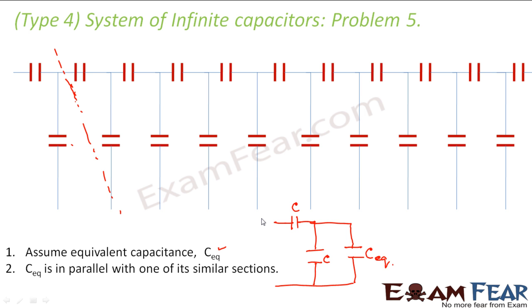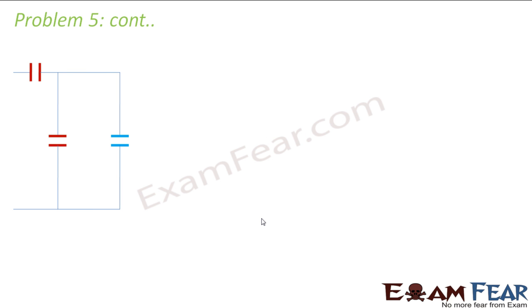So we get this circuit, and now do you think that you will be able to calculate the equivalent capacitance of this circuit? Yes, right? So let us see how we calculate the equivalent capacitance of this circuit. Now if we look at this circuit, this is C, and this is C equivalent, right?